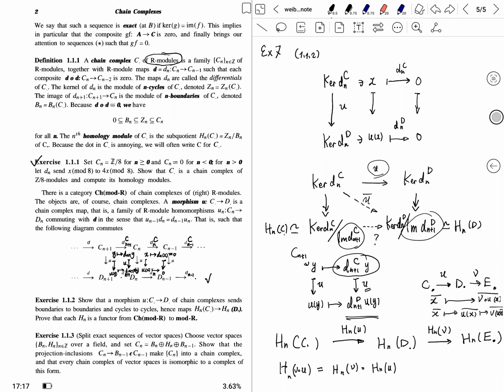Okay. And then identity implies identity.